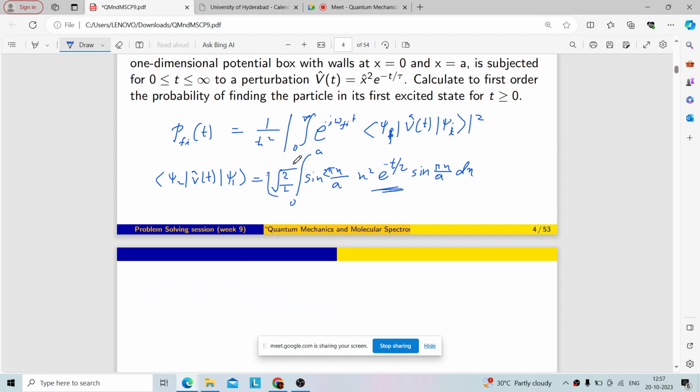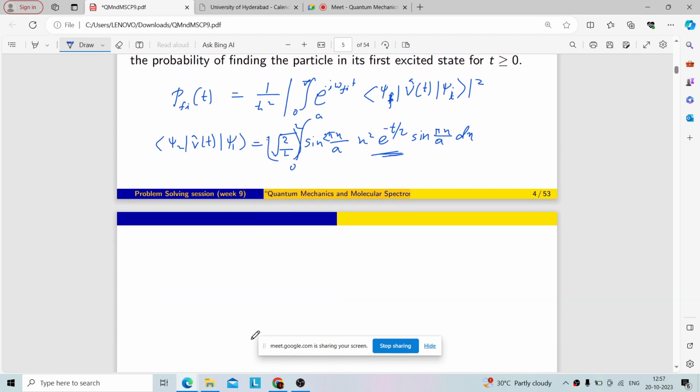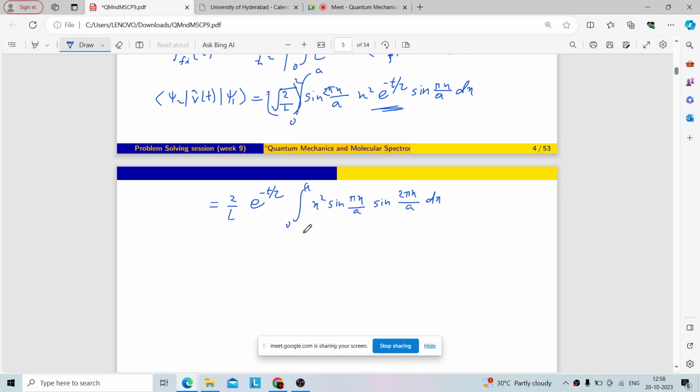This is whole squared, so this integral will give us 2 over L e to the power minus t over tau, then the integration of x squared sine pi x over A and sine 2 pi x over A dx, limit from 0 to A.